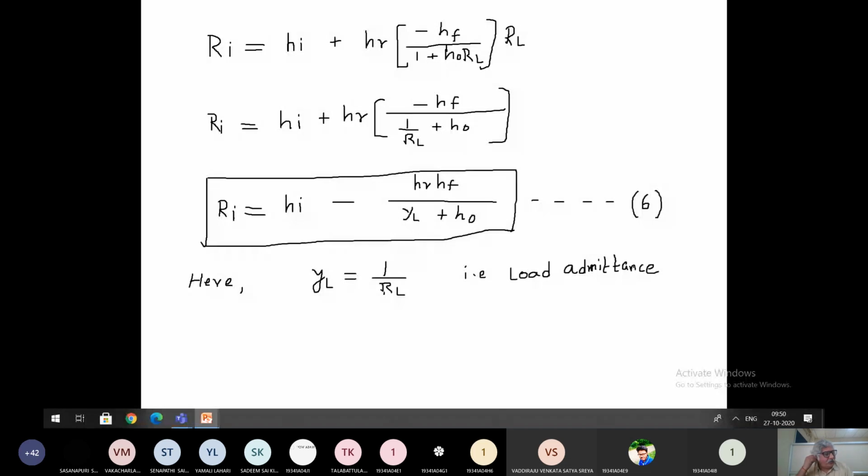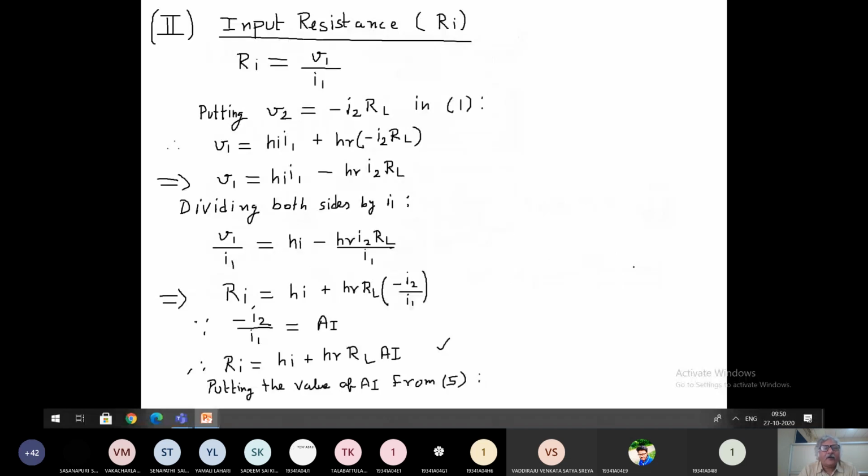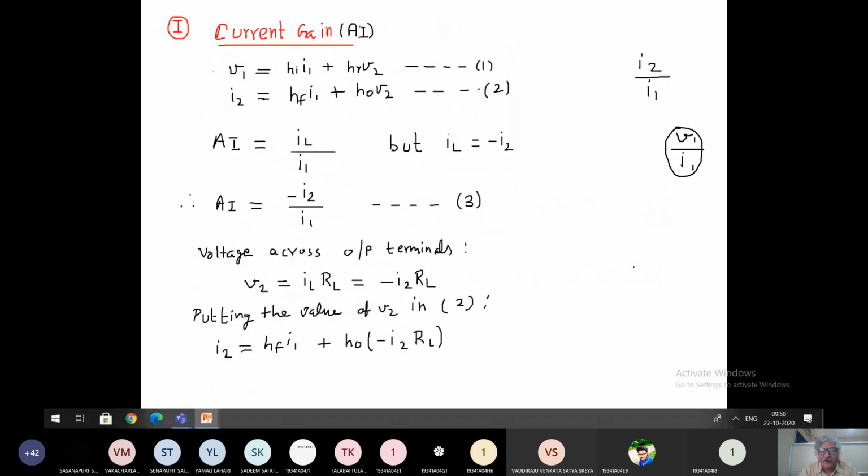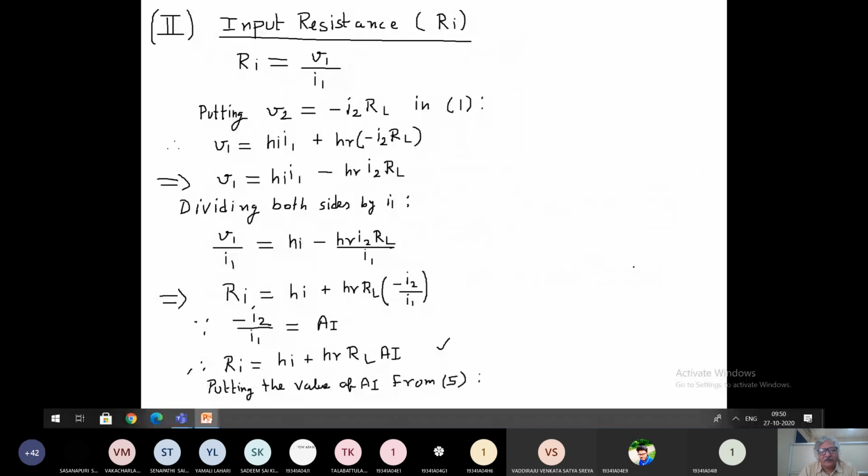Okay, so we have found out the two expressions, right? See, you derive the expression in this sequence only. First, you derive the equation of current gain, right? Then only you derive the expression of input resistance, right? Then it will be easy.